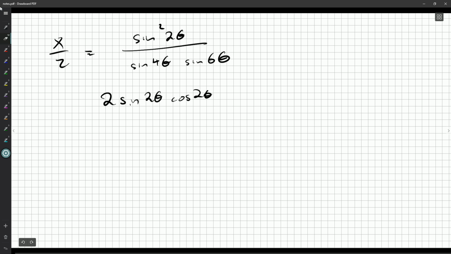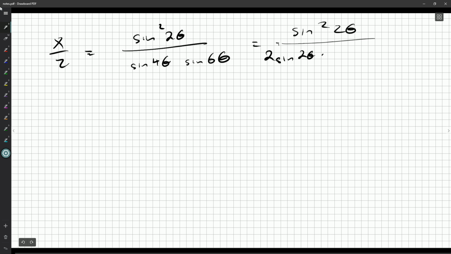That'll get rid of at least one of the sine 36s up on top. One of those goes away, one of those goes away.